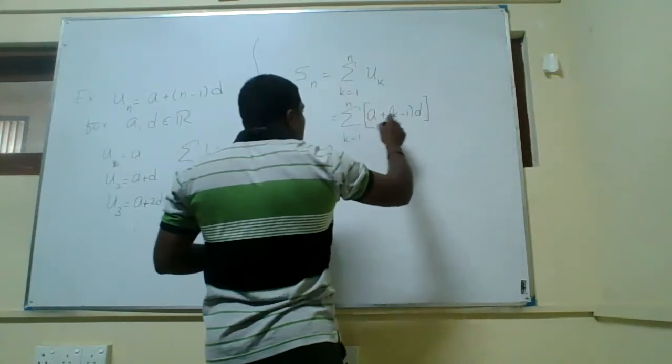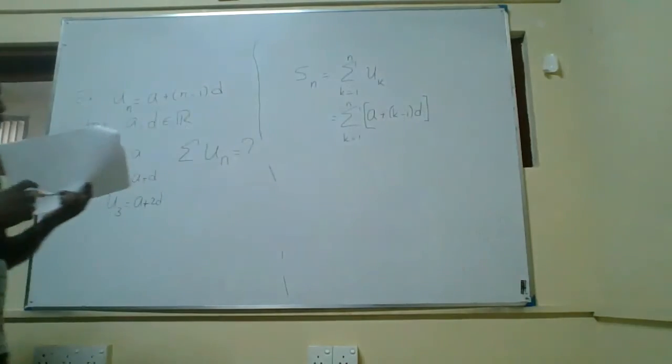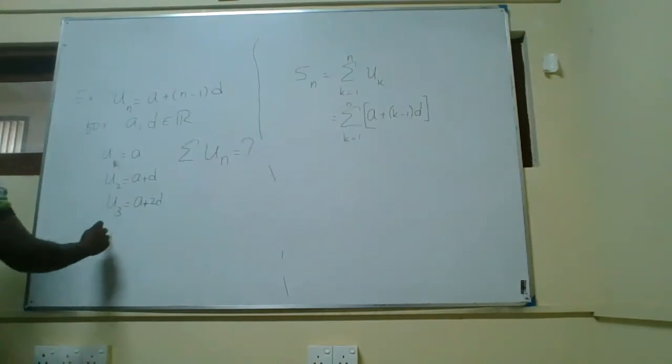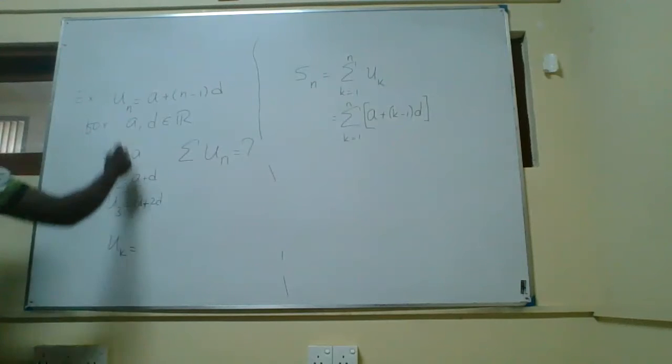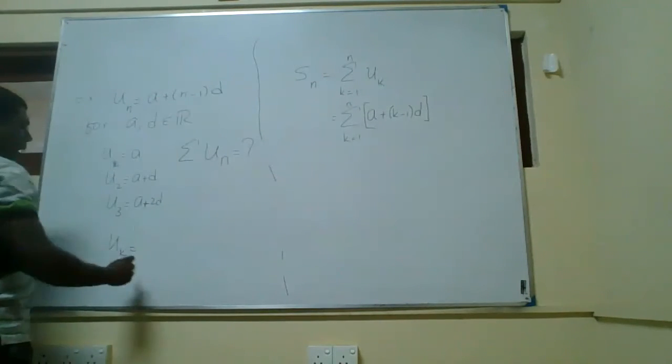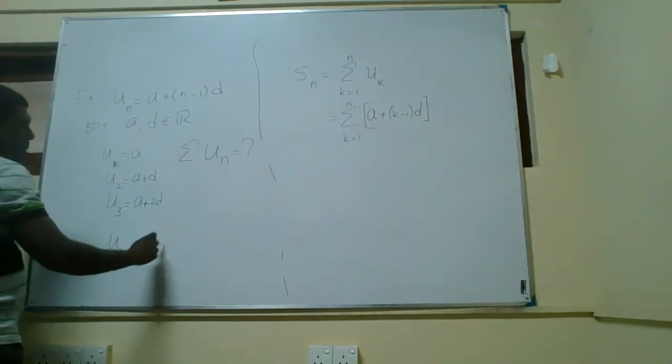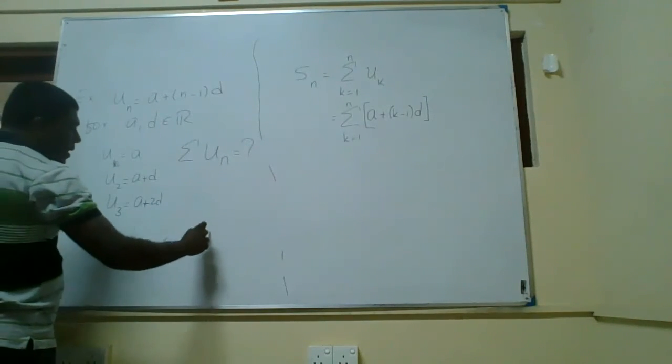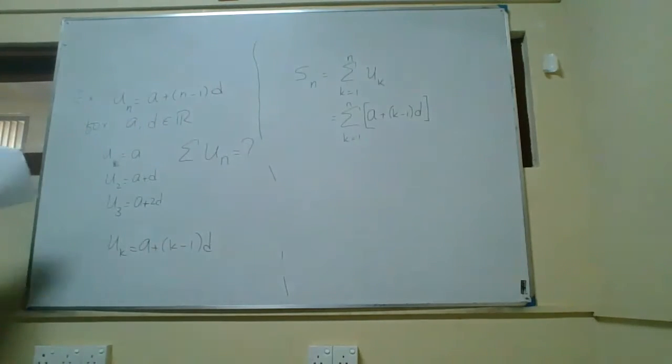If u_n is a plus (n minus 1) times d, then u_k is a plus (k minus 1) times d. Clearly that should be your kth term, and that is the partial sum.